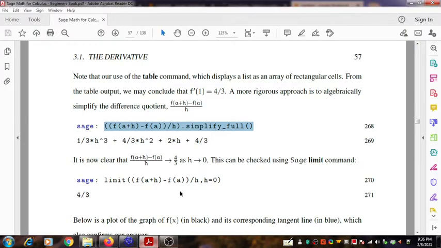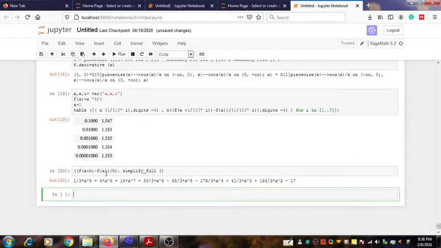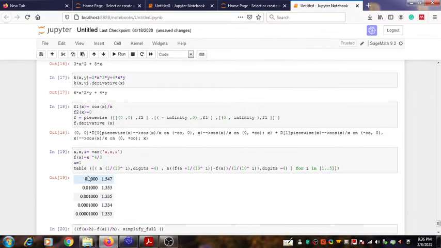What's the problem? Let's see. f(x) at a plus h. Now that says this is some different function, which means the system has some different function stored in it.